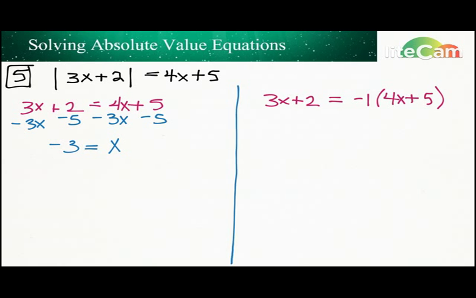So I'm going to go ahead and work the other side and then we'll check each solution. Okay, let's do this one. So we've got 3x plus 2 equals negative 4x and a negative 5.